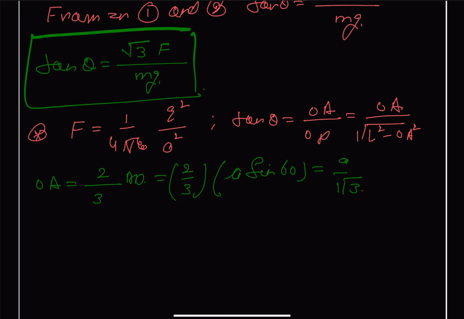Now we can easily find our tangent of theta. So tangent of theta will be equal to OA, which is A over square root of 3, divided by the square root of L square minus A square divided by 3.